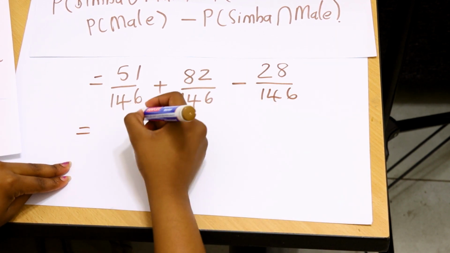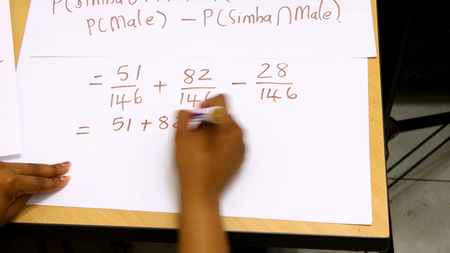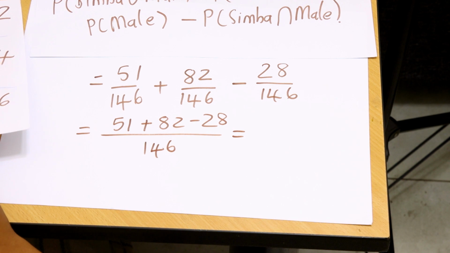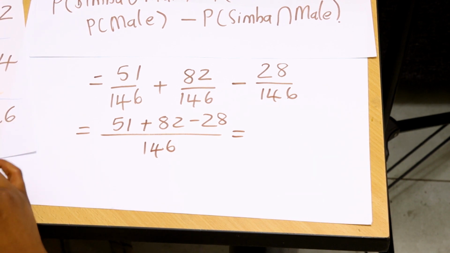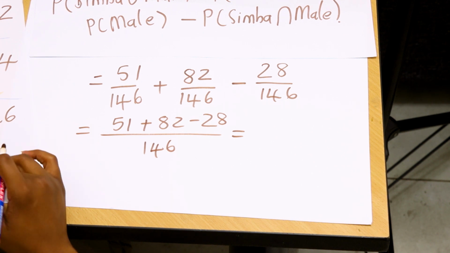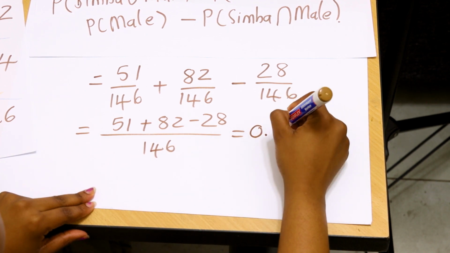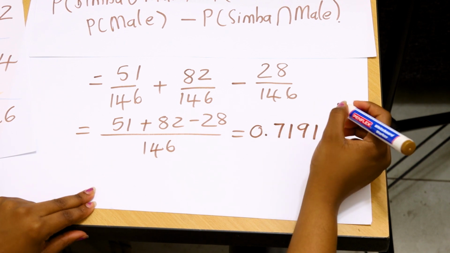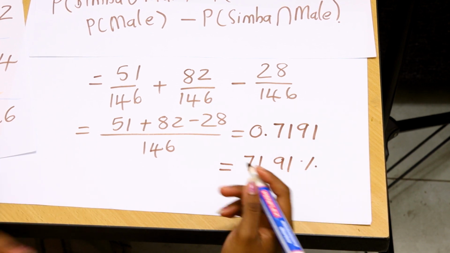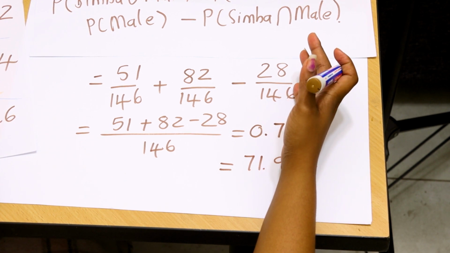Your denominator is the same, so you can write this as 51 plus 82 minus 28, all over 146. This is 0.7191, which translates into 71.91%.